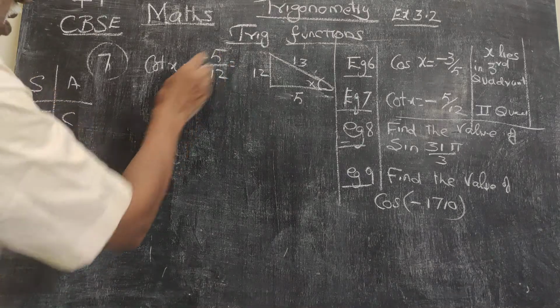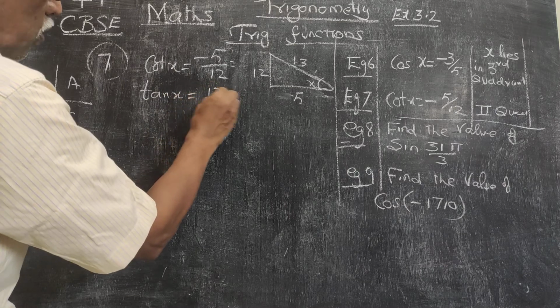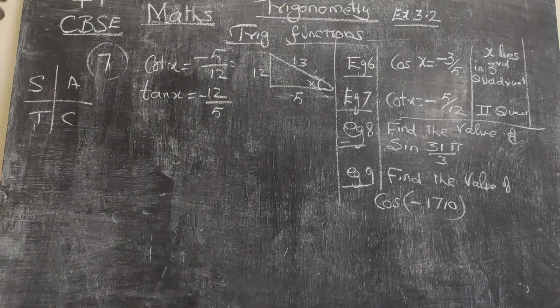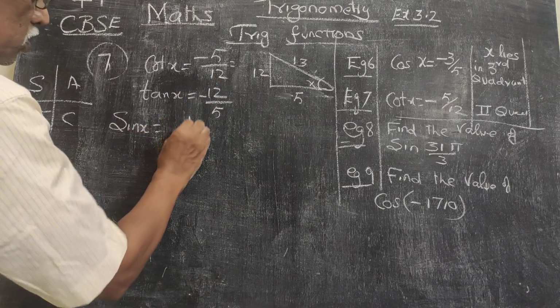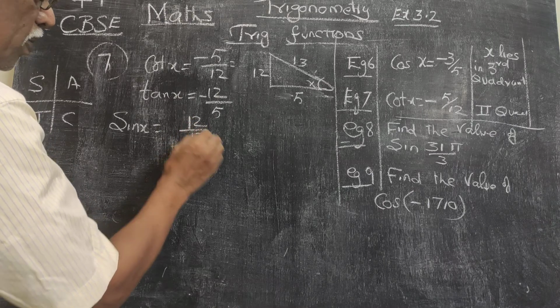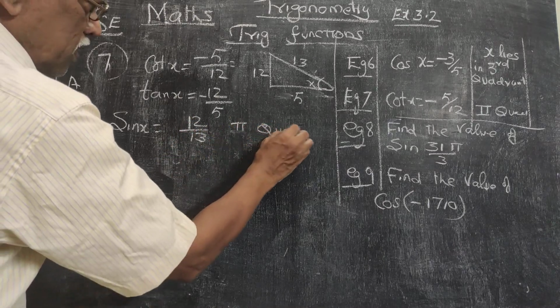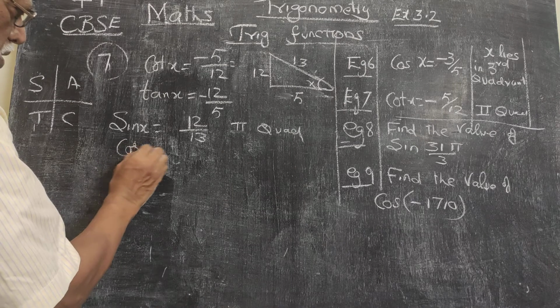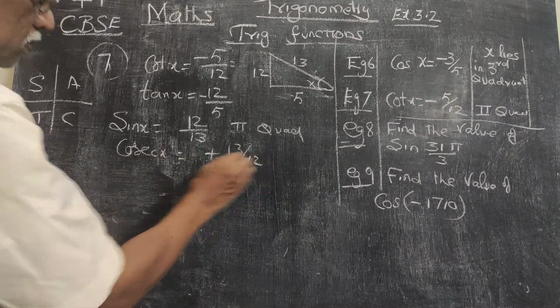Cot x is minus 5 by 12. Immediately I write tan x, the reciprocal of that, and of course minus. The next is sin x, opposite by hypotenuse, 12 by 13, lies in the second quadrant. In the second quadrant, sin is positive, so plus. Sin x is positive, therefore cosecant x is also positive, but the reciprocal.